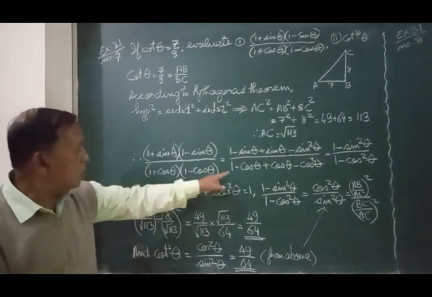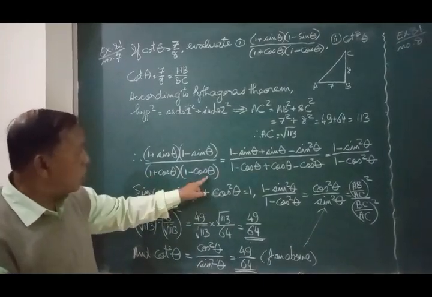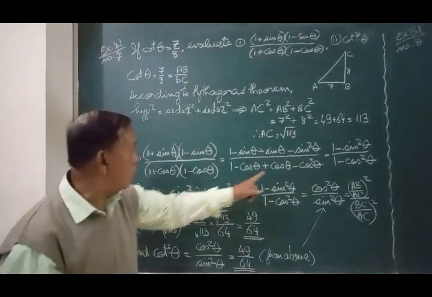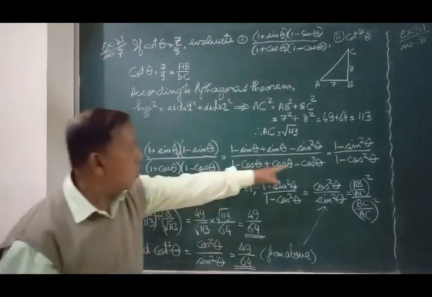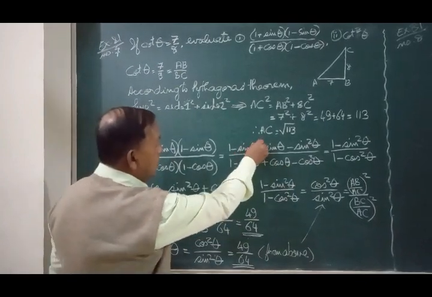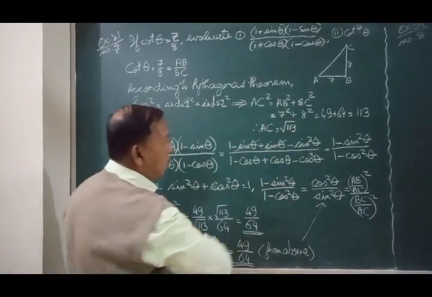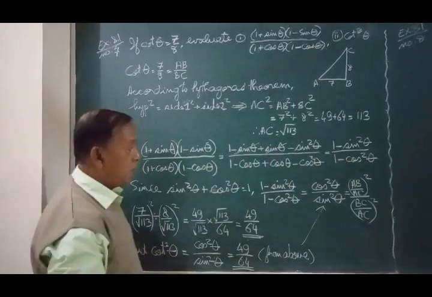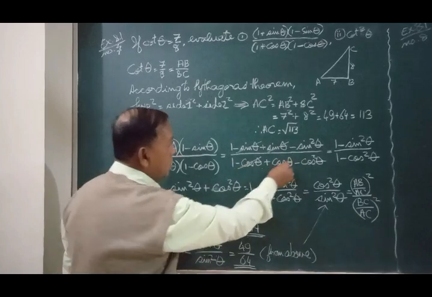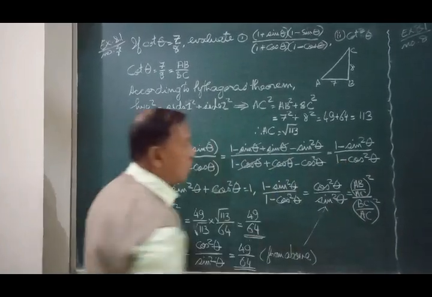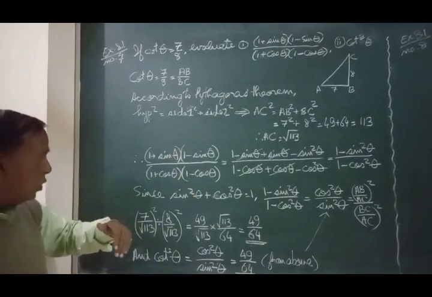Similarly, 1 into 1, 1, 1 into minus cos, plus cos into 1, and cos into minus cos gives minus cos squared. Now, this is plus and this is minus, and therefore what do we have? 1 minus sine squared. Here also plus, minus, and therefore 1 minus cos squared. So that is there. Now we continue.